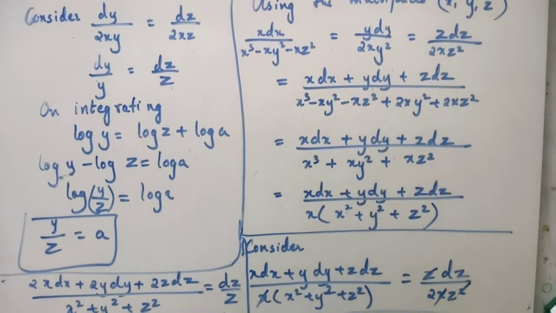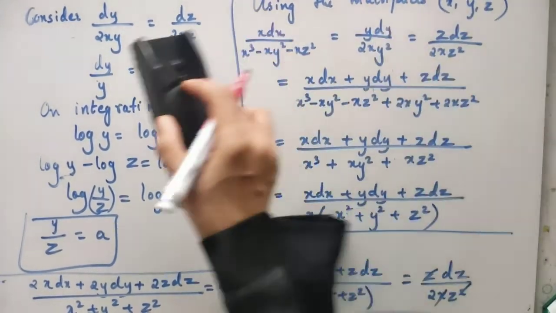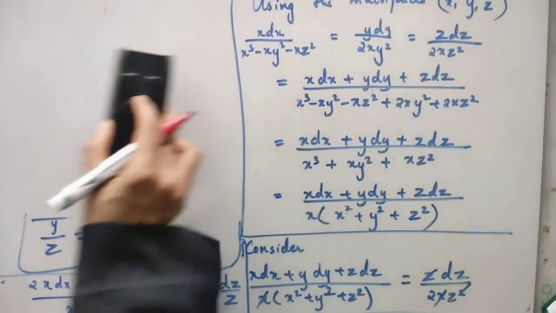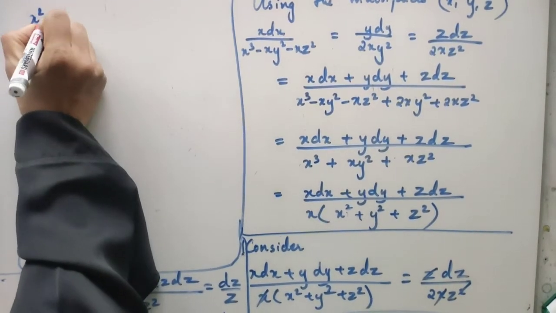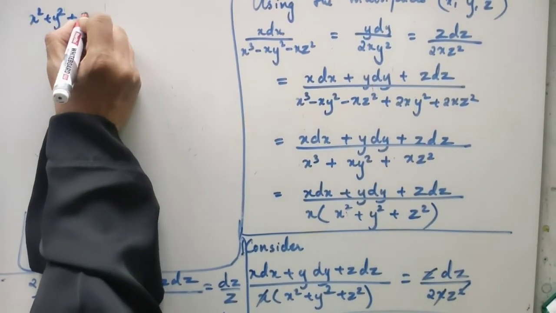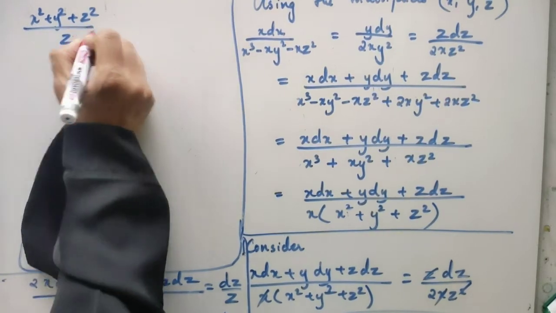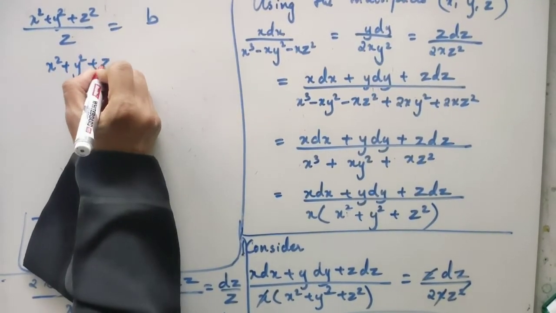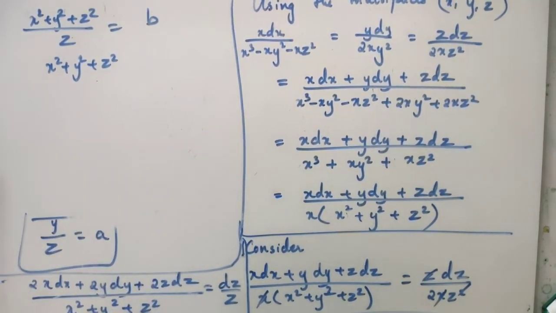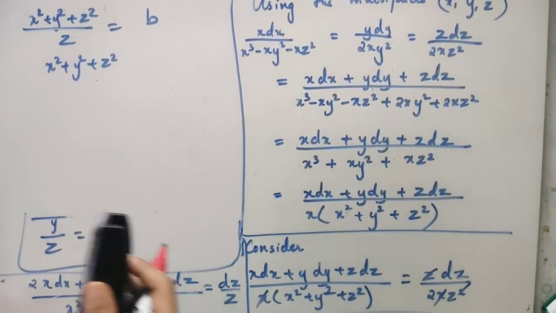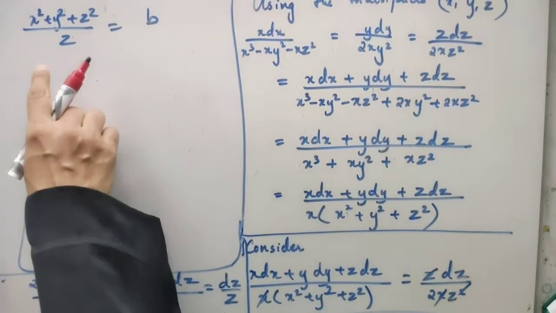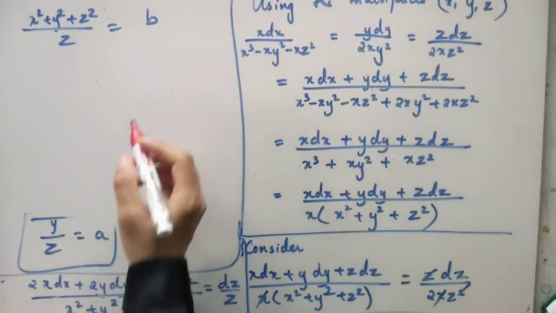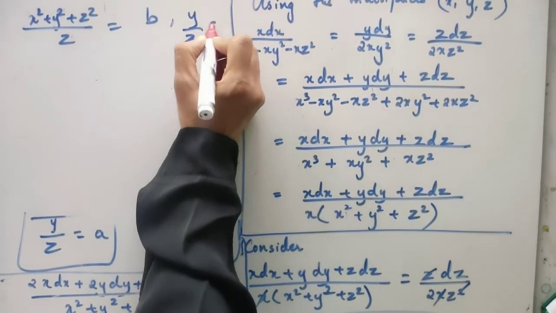Okay, so I'll get the final answer. I'll write it over here. Just see. So you have got x square plus y square plus z square divided by z is equals to b, or x square plus y square plus z square, that is b for us. Since this is representing the bigger term, and the other equation we have got y divided by z is equal to a.